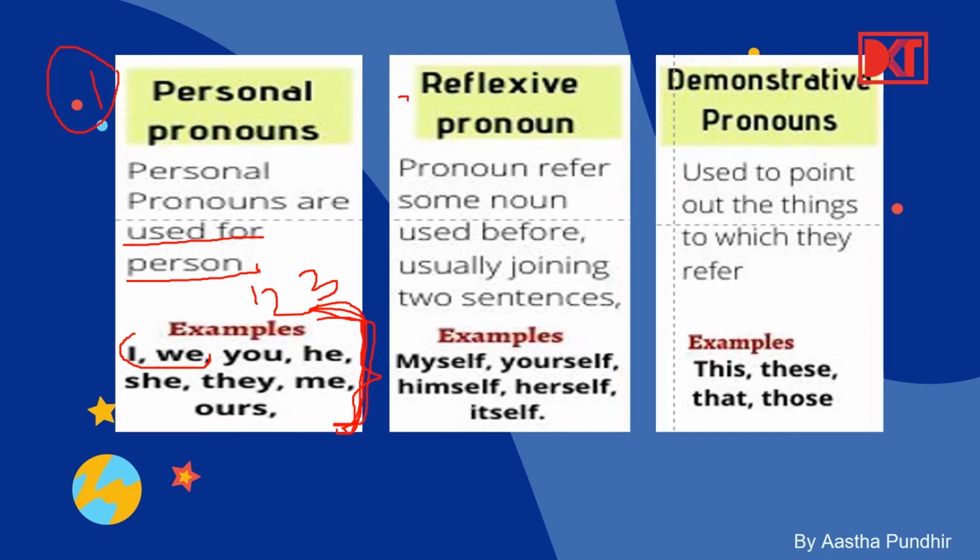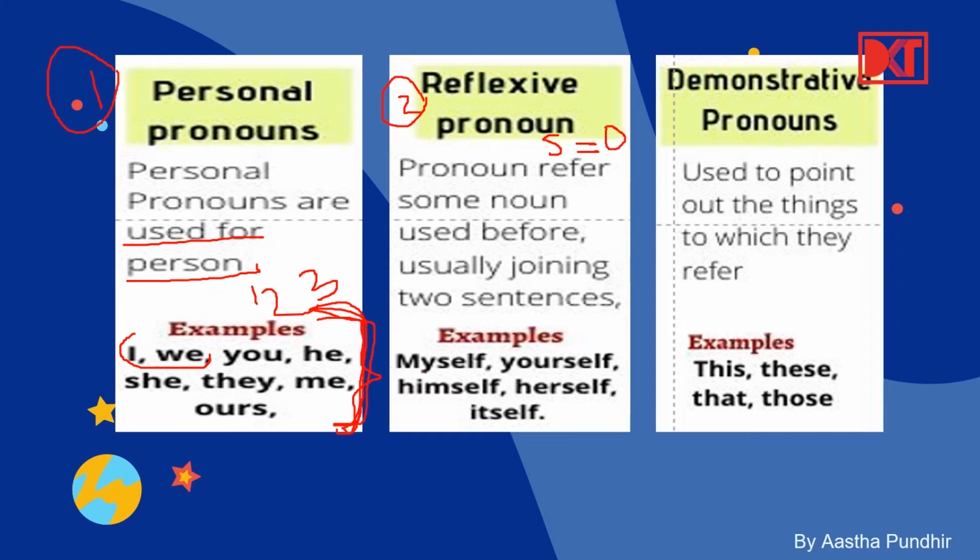So the second category we did was reflexive pronouns. These pronouns refer to some noun used before, usually joining 2 sentences. Reflexive pronoun was when the subject is the same as the object.